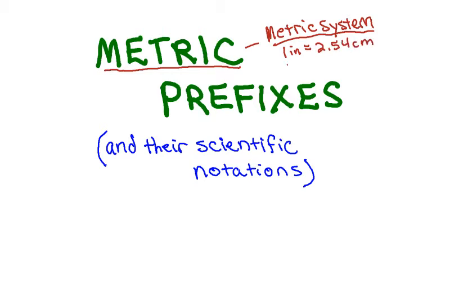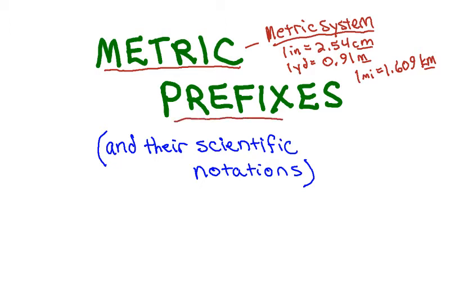Or instead of 1 yard, we have 0.91 meters. Or instead of 1 mile, we have 1.609 kilometers. So the centimeters, meters, kilometers, these are all part of the metric system.